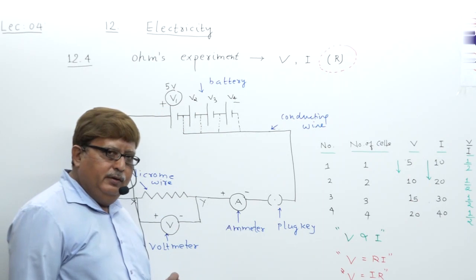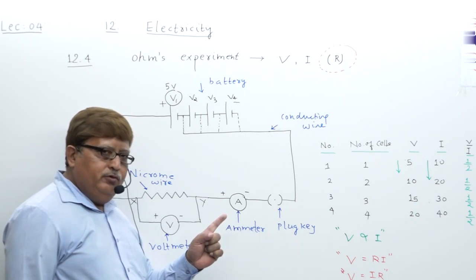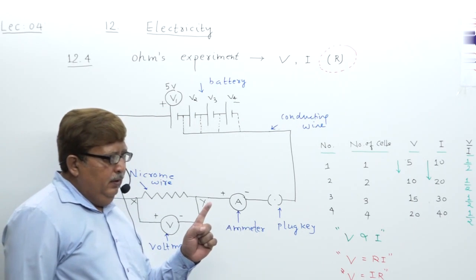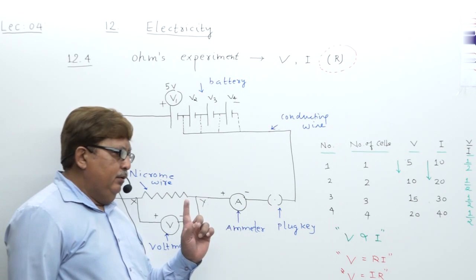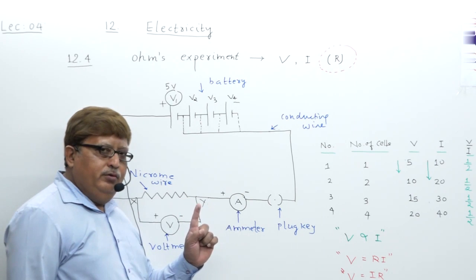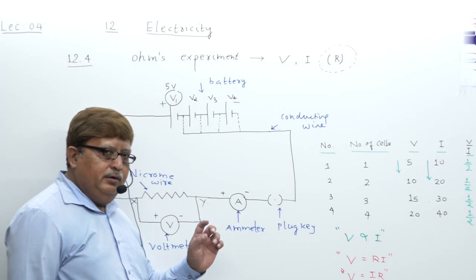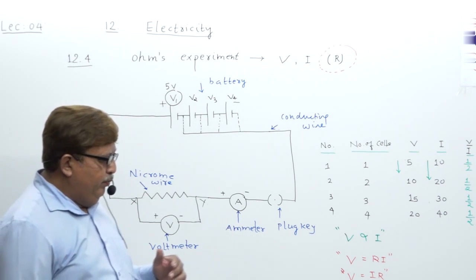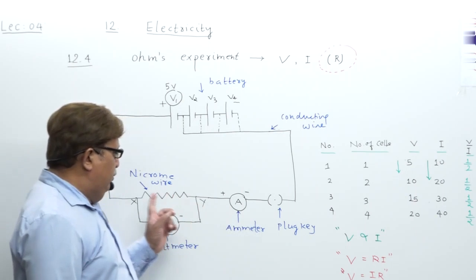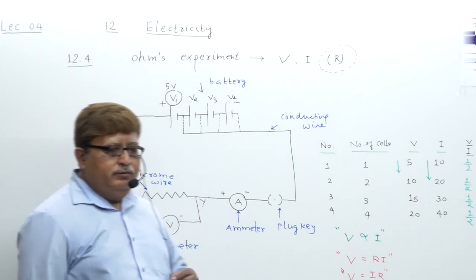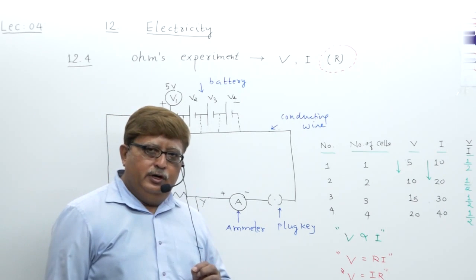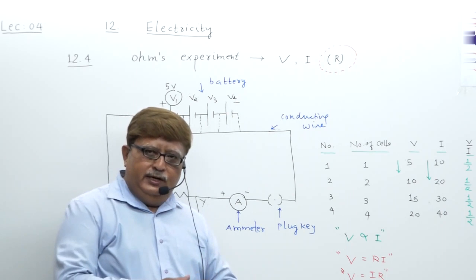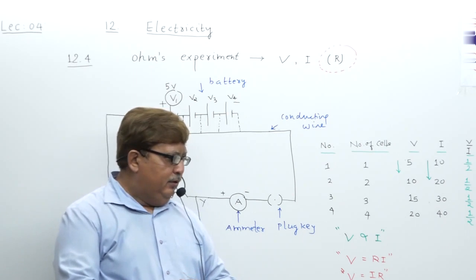Okay, so one thing is clear in your mind. What? That Ohm's law: current passing through conductor is directly proportional to potential difference across two ends of the conductor.